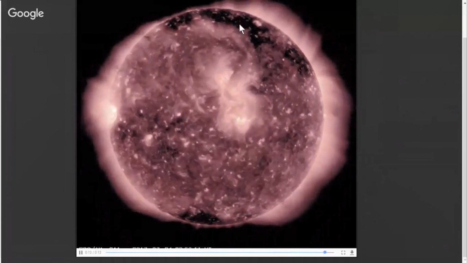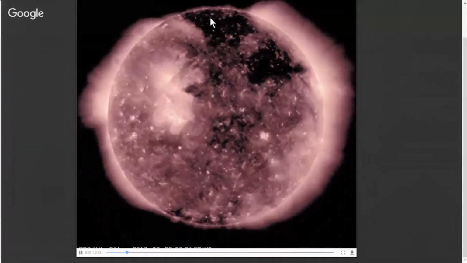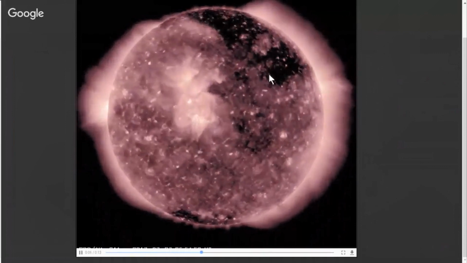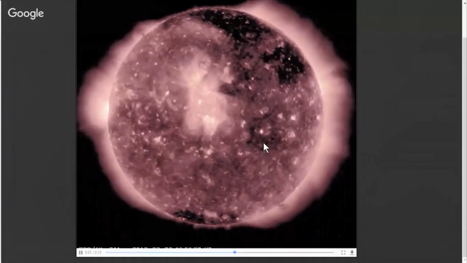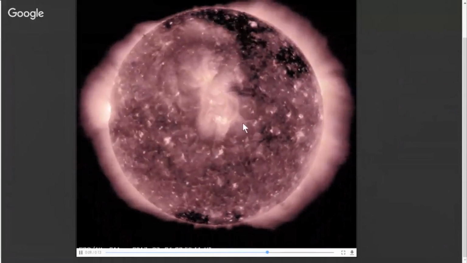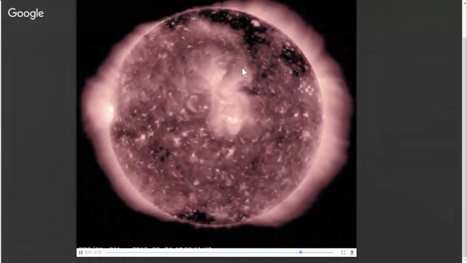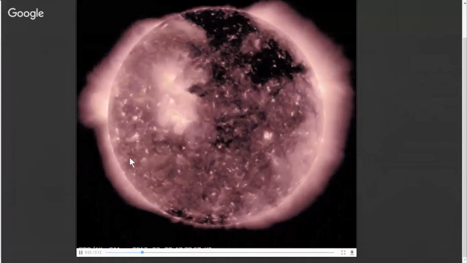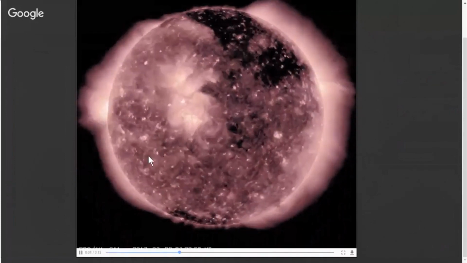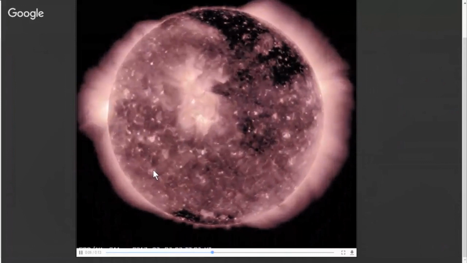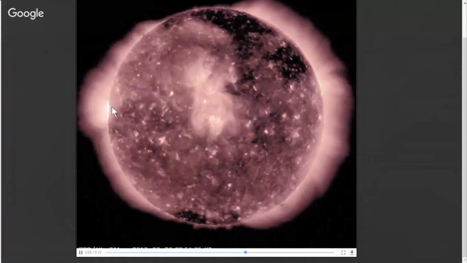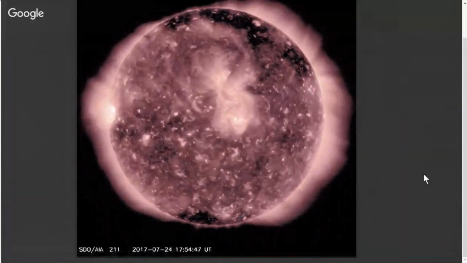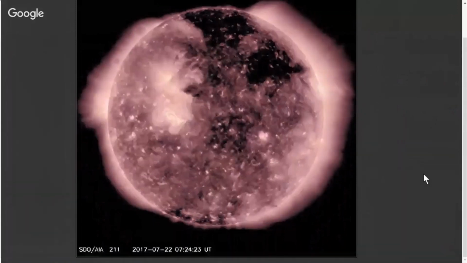A very, very large coronal hole on the top surface of the sun, and this coronal hole over here, all of this is now moving away from the Earth. And a very interesting, very active region, dead center right here, and it does look like there is an opening starting to form. Watch it very carefully. Yes, it opens up. There are lots of coronal holes and things.